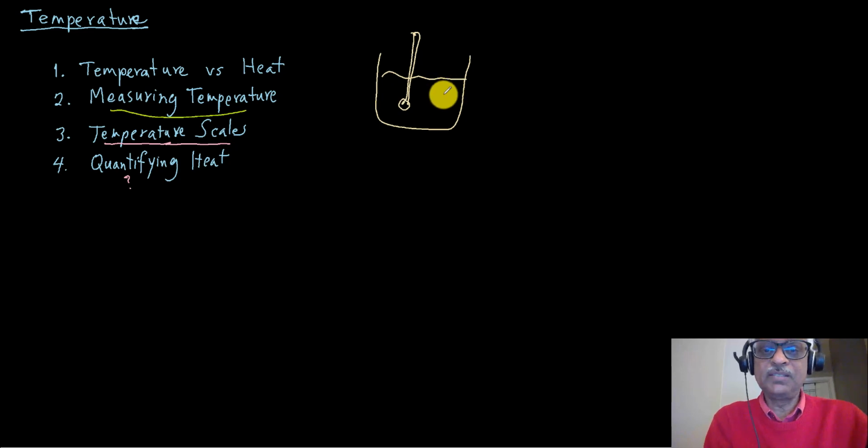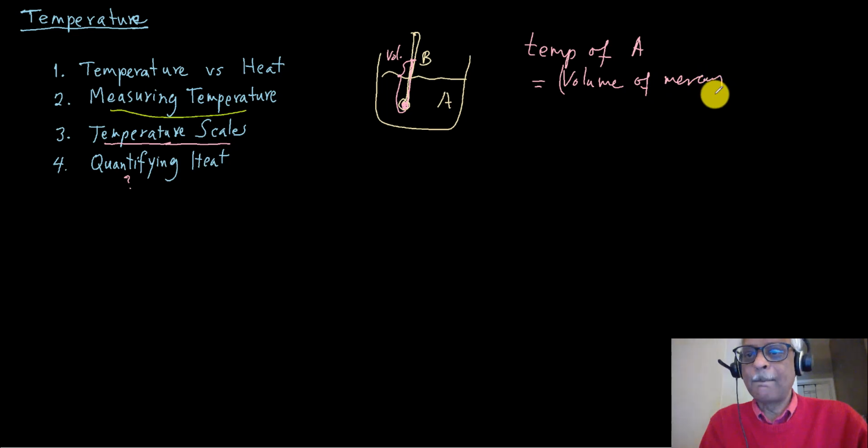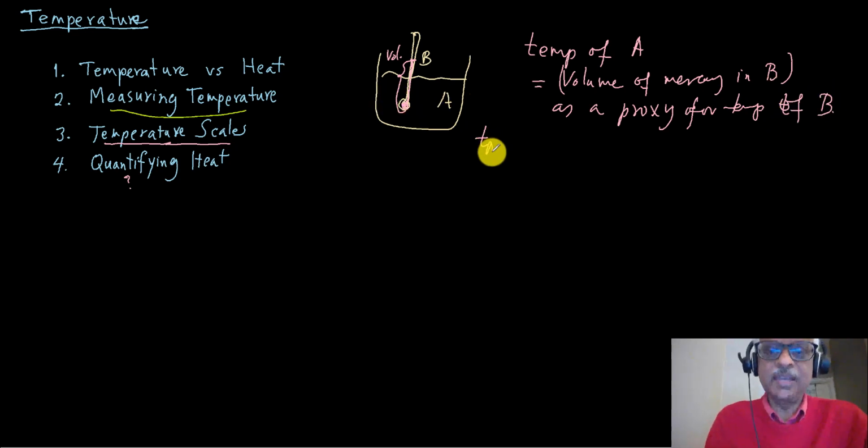This is system A and system B. The way we measure the temperature of A is we look up the volume of mercury in B, using the volume of mercury in B as a proxy for the temperature of B. So basically we're saying temperature of A is equal to temperature of B.